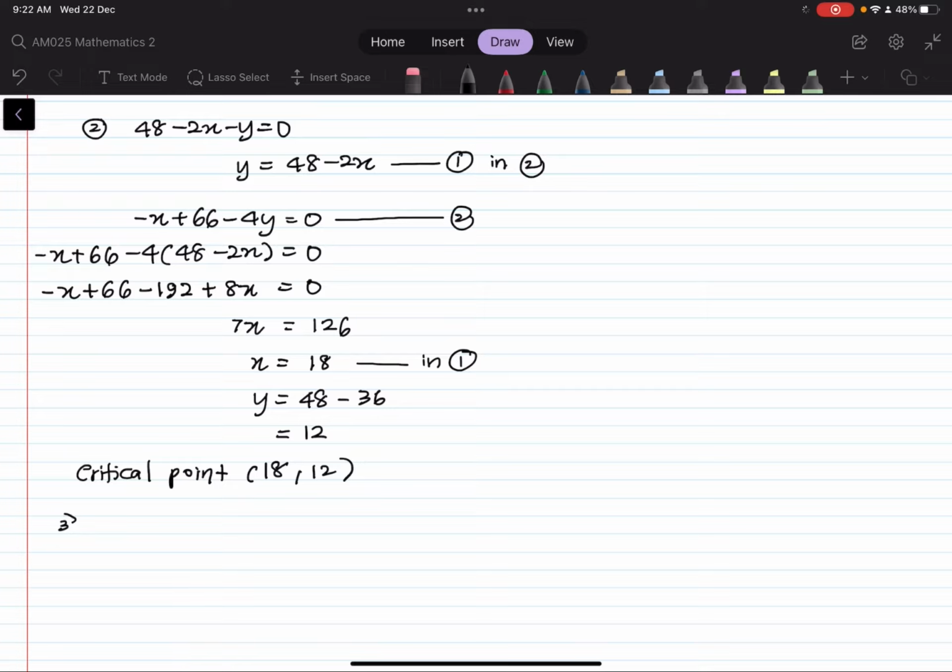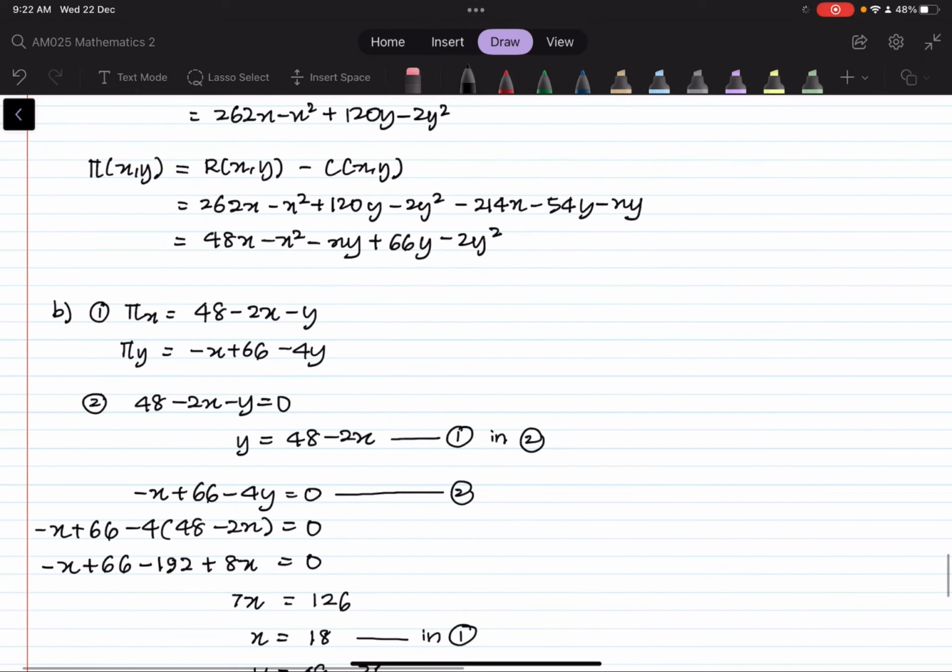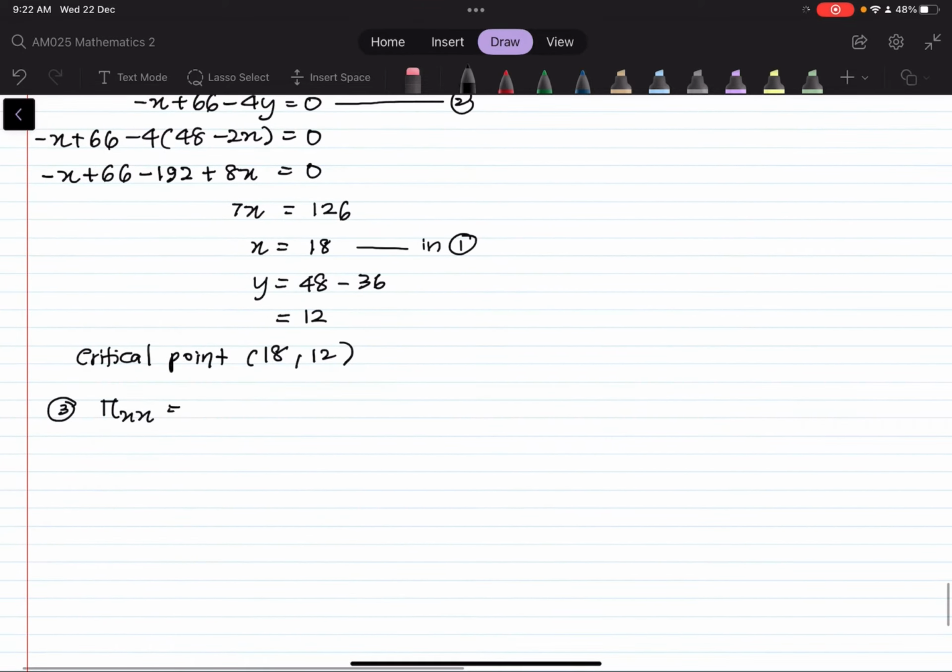The third step: we need to find the second order partial derivative pi sub xx, which is differentiating 48 with respect to x, which is 0, differentiating negative 2x with respect to x, which is negative 2, differentiating negative y with respect to x, which is 0. So this is negative 2.